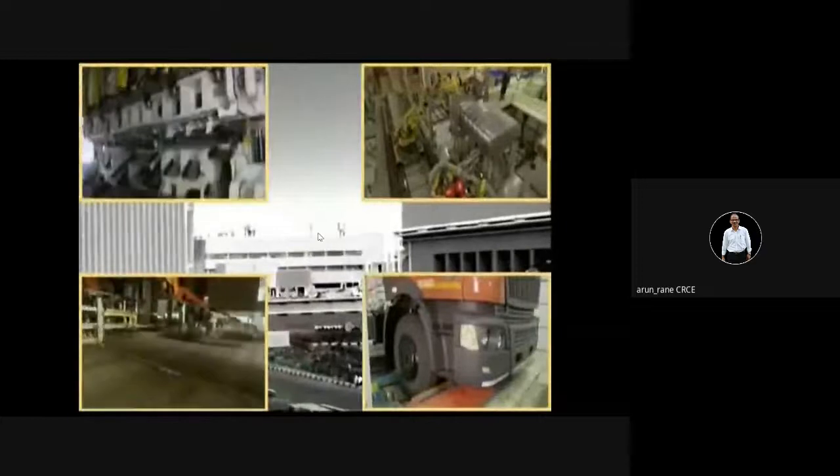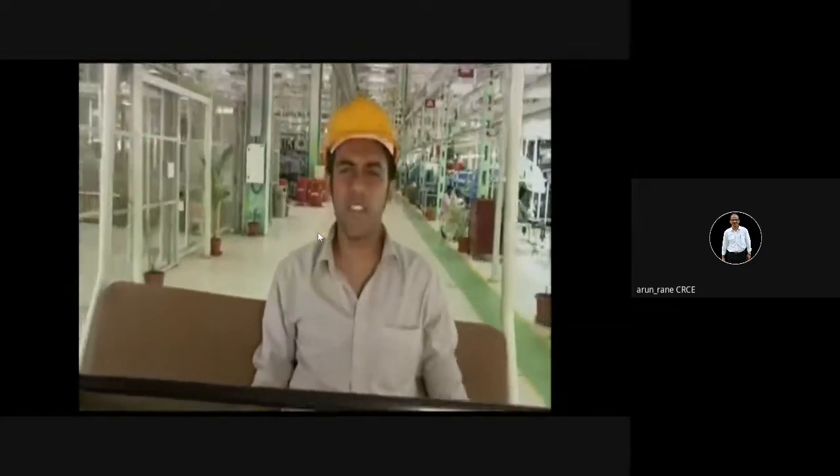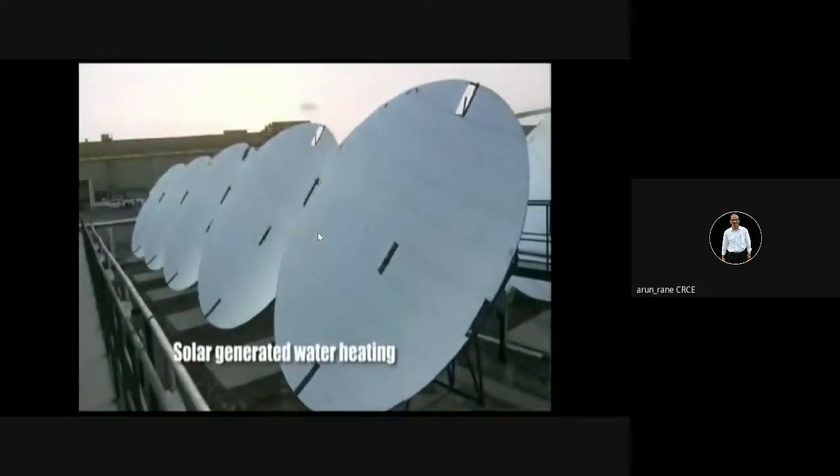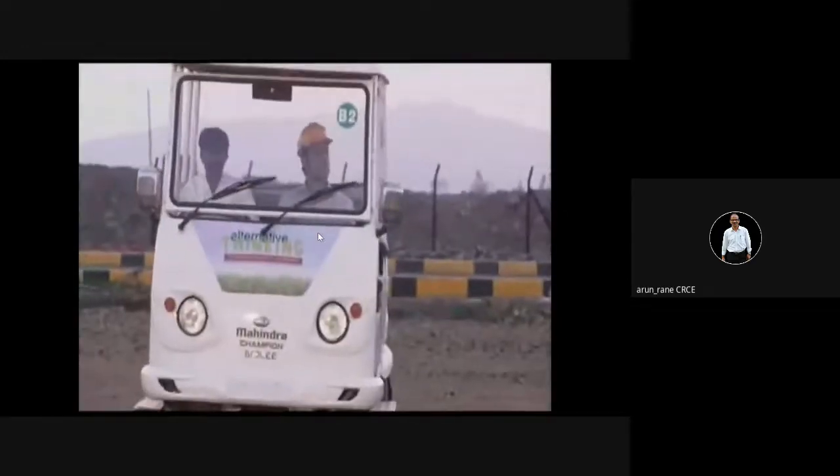Really? What about the waste from all these machines? That's all recycled. And the water recycled at the effluent treatment plant is used in the paint shop. Solar dishes generate the heat needed for various processes, especially in the paint shop. In fact, the transport vehicle you're in runs on solar power too.